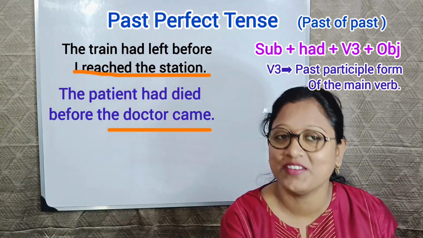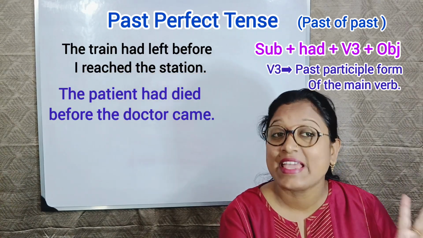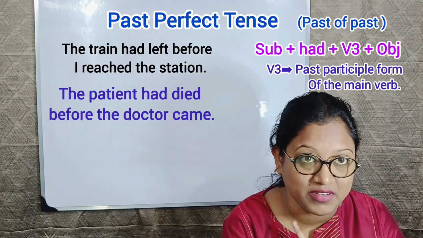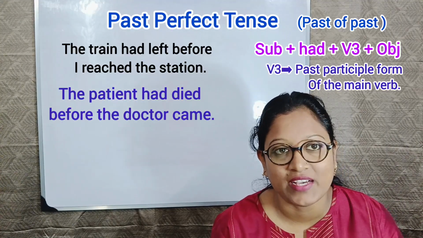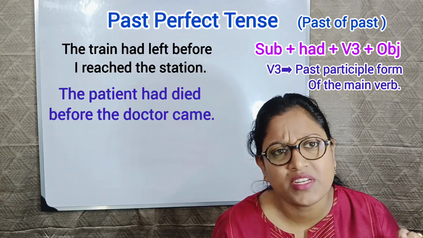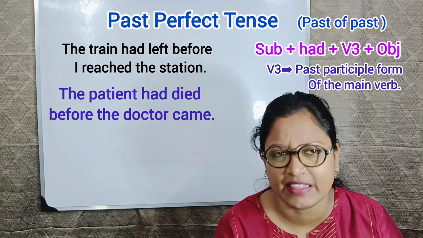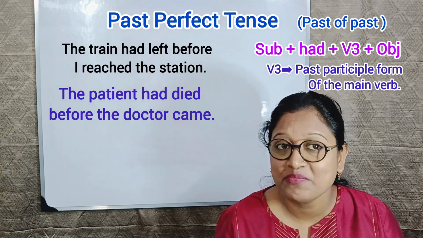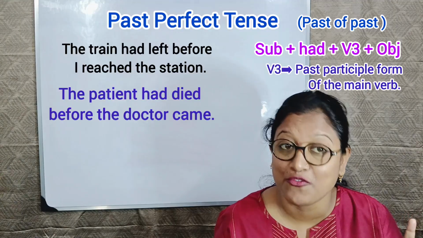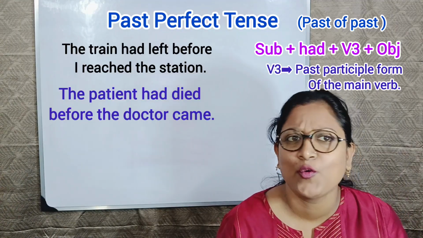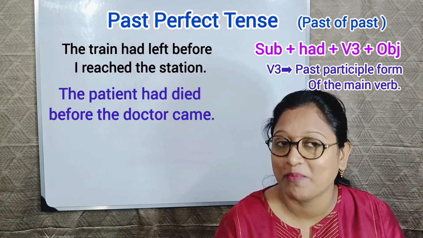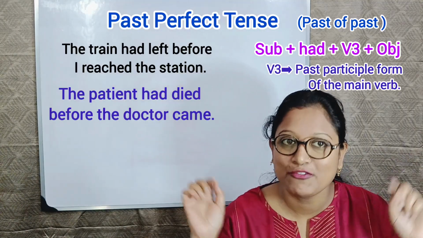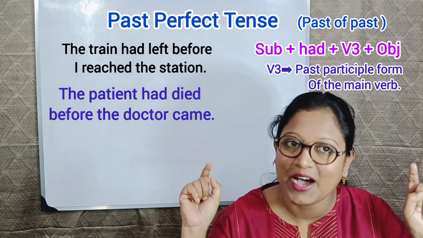Clear? Here is one trick for you all. If the sentence contains before and after, then we are comparing two actions, right? Most of the time you will get before and after in past perfect sentences. So if the sentence contains before and after, past perfect tense stands before "before", and after "after".